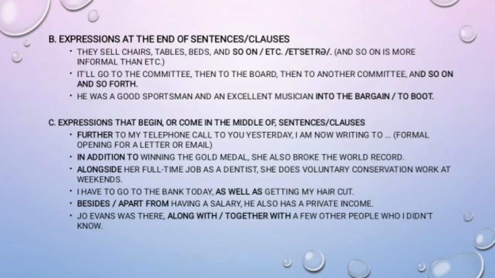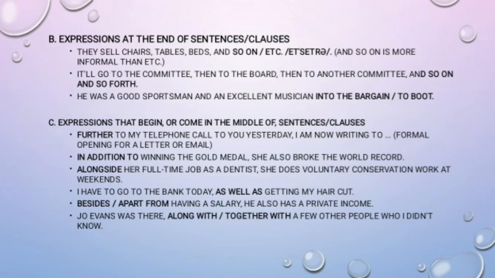He was a good sportsman and an excellent musician into the bargain, or too. Dari contoh tersebut, dapat diketahui bahwa so on, etc., so forth, and so forth adalah contoh addition yang terletak di akhir kalimat.